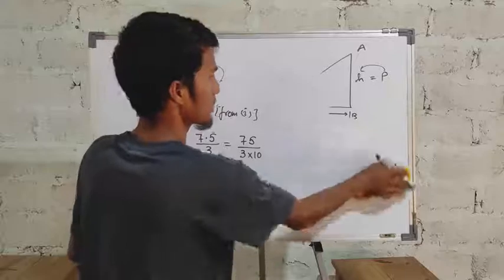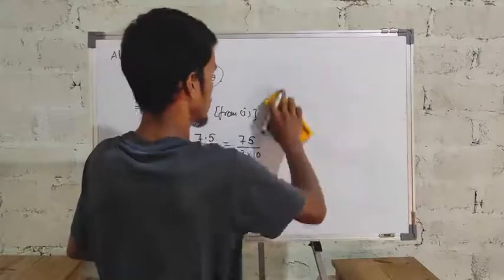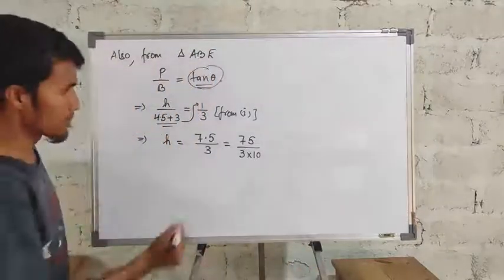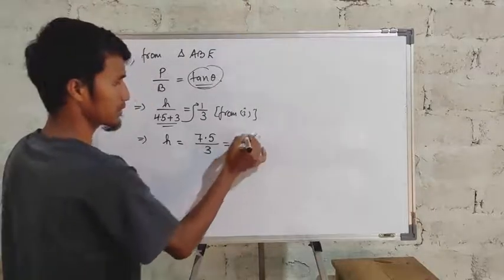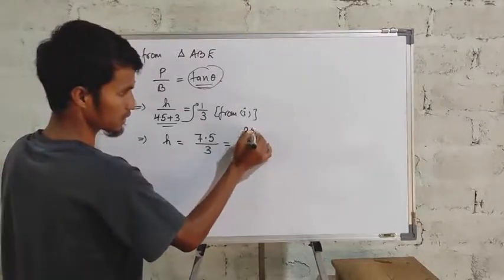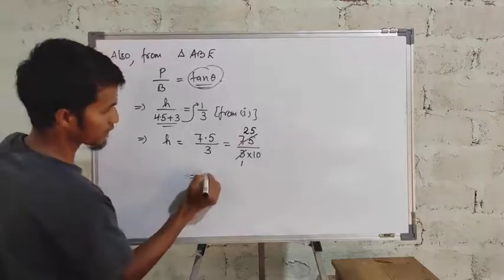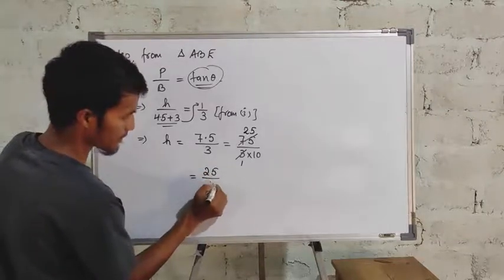Anyone knows how to divide? Then 3 into 1, 3. Then 3 into 2, 6. Then 3 into 5, 15. Then we got here 25 by 10.